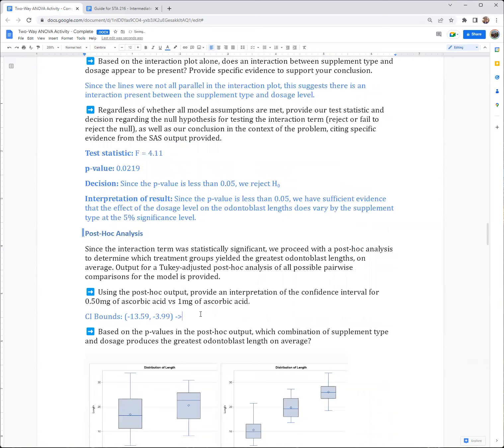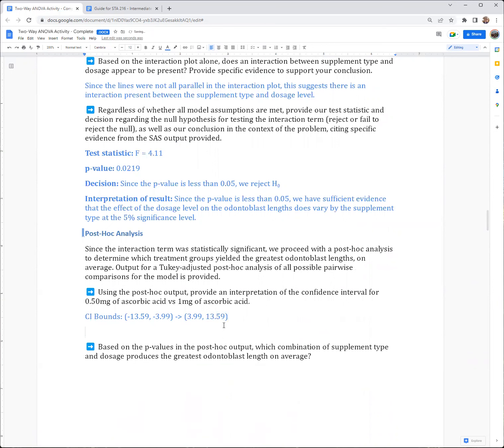So we can convert these to positive numbers, but we have to be careful about which group was higher when we do that. So anytime we interpret the bounds for a confidence interval, we want to only use positive numbers. So we have to change them to be positive, and then for the interpretation, keep in mind which of the 2 groups was higher in our wording of the interpretation. Okay.